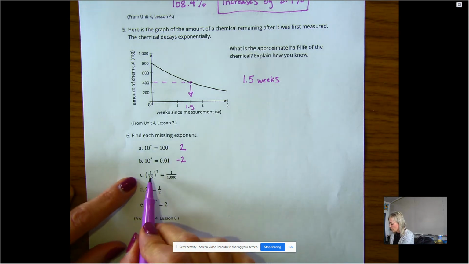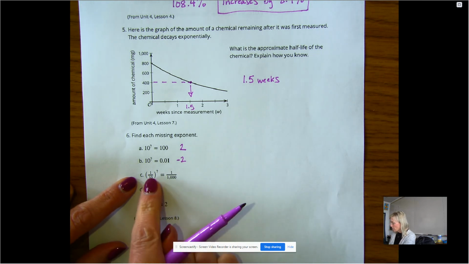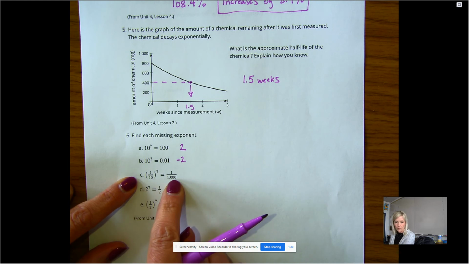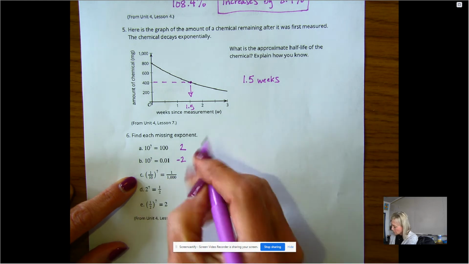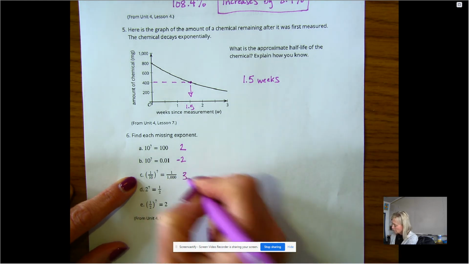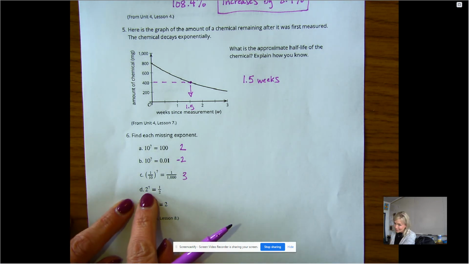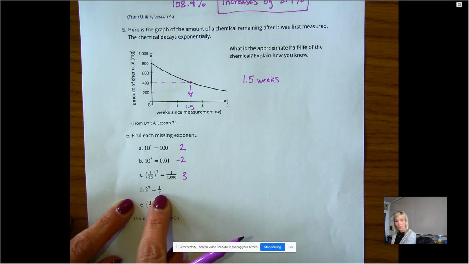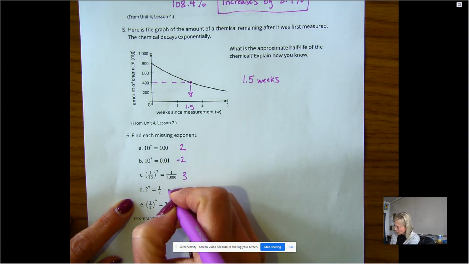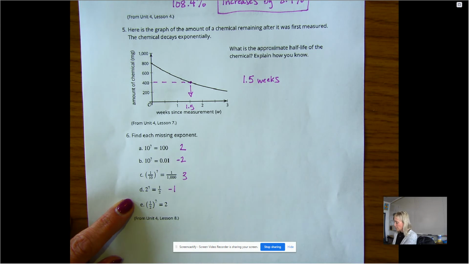Part C here, the exponent, well, 1 to any value is still 1, but 10 to the third is equal to 1,000. So this needs to be a 3. Okay, I know that negative exponents make fractions, and so the 2 is now the denominator of the fraction, which means that question mark must be a -1.